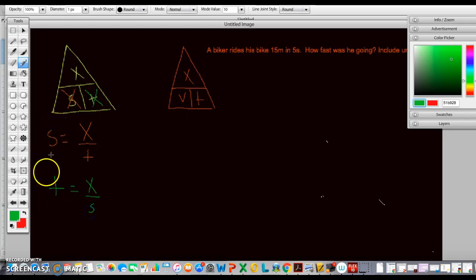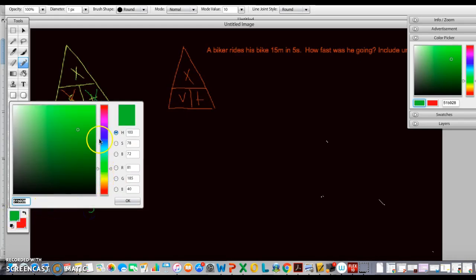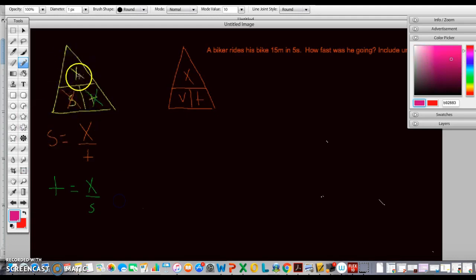And then the last one will be distance. So if we cross out X, the equation that is left is going to be X equals speed times time. Okay, and so that's the magic triangle.